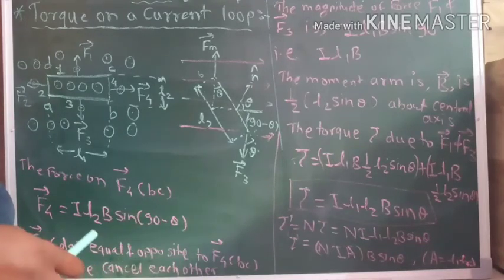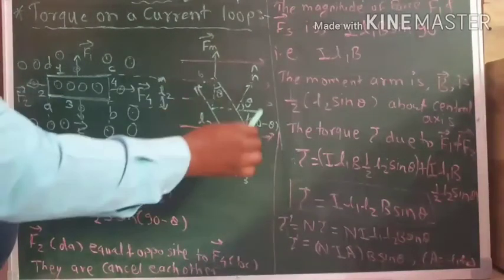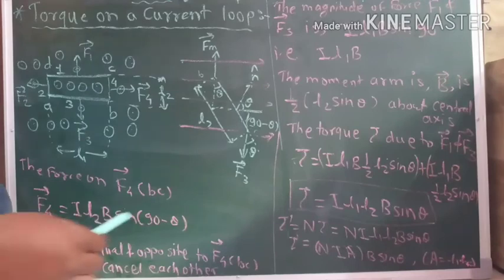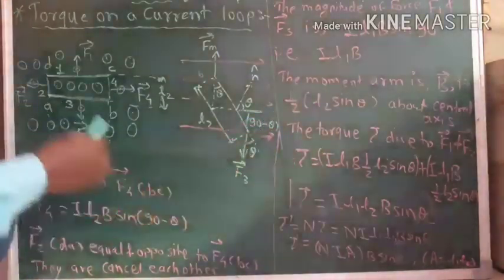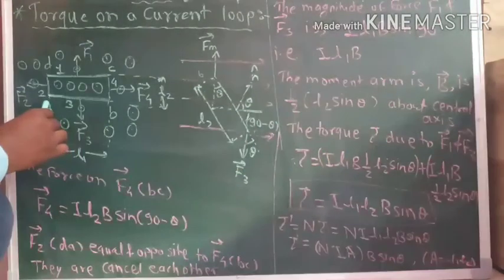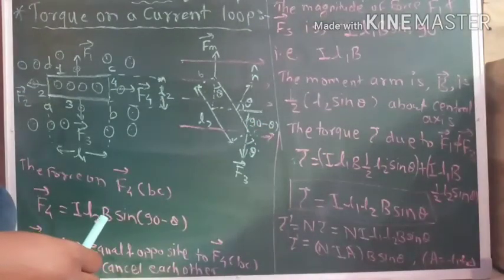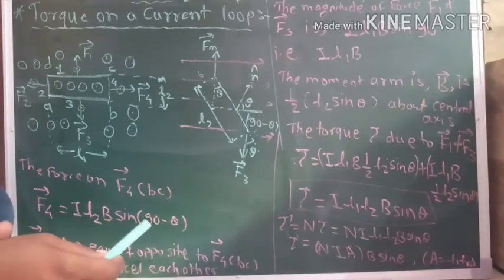This torque is produced perpendicular to the direction of the magnetic field B vector, and the moment arm is 1/2 L2 sine theta for each arm. This half is divided into the two arms.